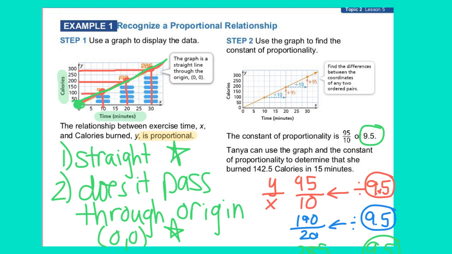Well, our minutes was our X, if you remember. Let me go back here to our graph, and I want to point something out to you. Do you see this little X in the corner and this Y up here?